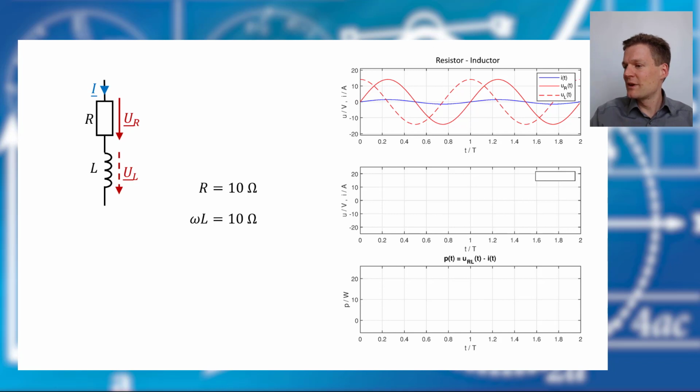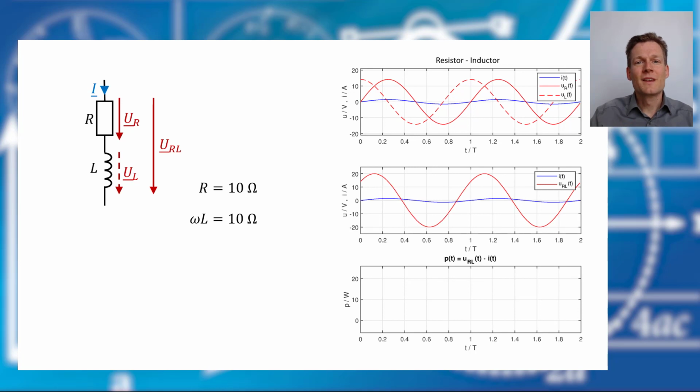Okay, in the next picture I will draw the current again, and now I want to draw the total voltage. So now I will add the two voltage curves from the first graph for every single moment, and this leads to this.